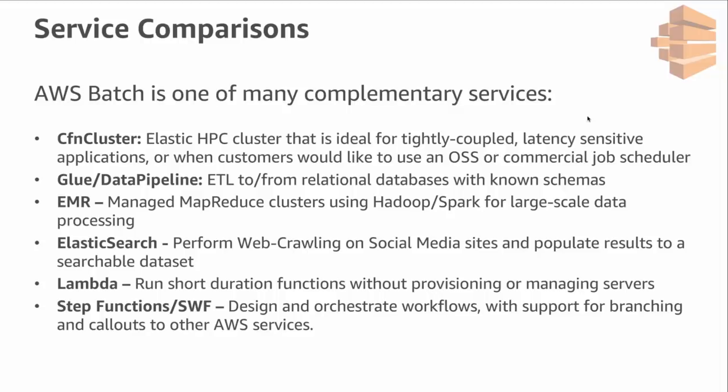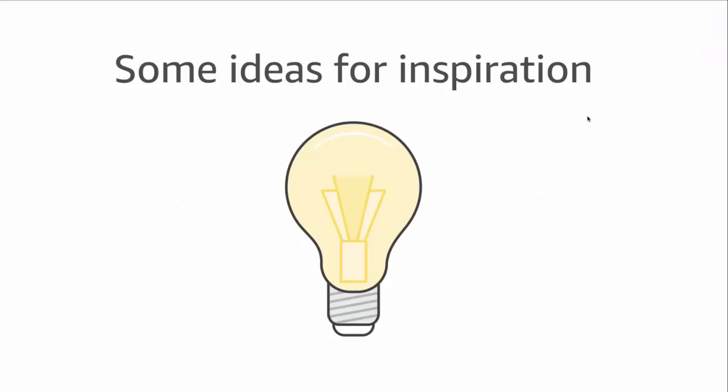So this is a serverless environment for running short duration functions without provisioning or managing servers. And then there's Step Functions, so, lots of different ways to design and orchestrate workflows with support for branching and calling out to other AWS services. So again, think of Batch as just one of the pieces of the many different complementary services that AWS provides. So let's walk through some ideas for inspiration here on how we can think about using Batch.